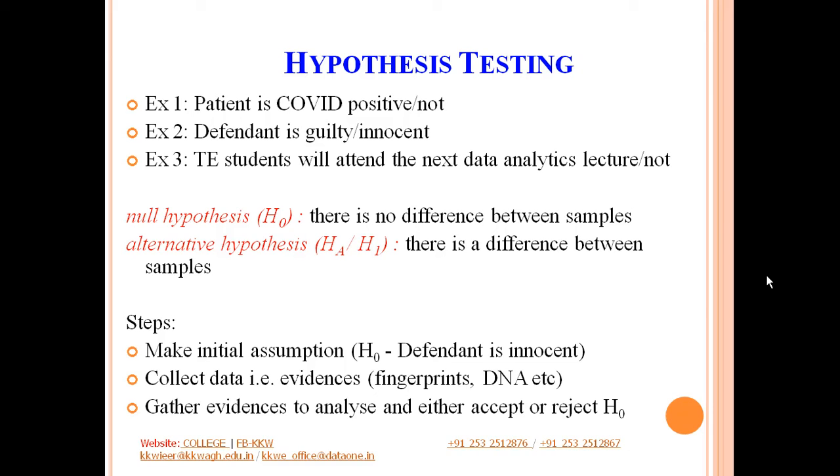If all the evidence that we have gathered shows that the defendant is innocent, then we will accept H0, that is, we accept the null hypothesis and we reject the alternate hypothesis. And if it is not so, then we will reject the null hypothesis and accept the alternate hypothesis. So these are the basic 3 steps that we follow to perform hypothesis testing.